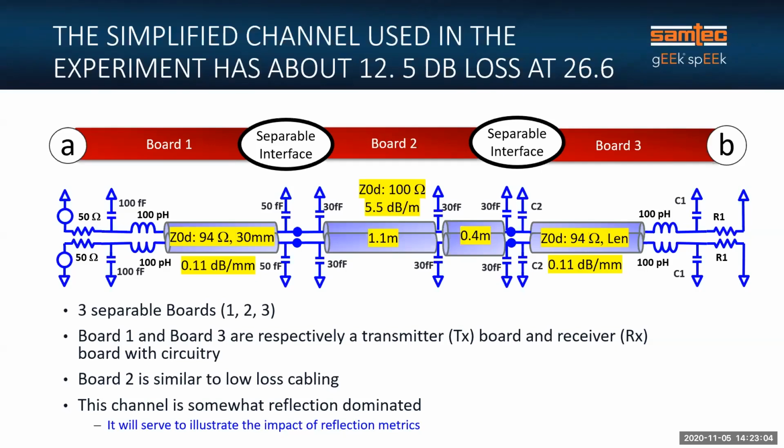This has been designed to suggest that the loss is low enough that most of the reflections we're seeing are mostly the impairments in the channel. So we can look at reflections much more clearly if we don't have crosstalk and we don't have noise. So, next slide.